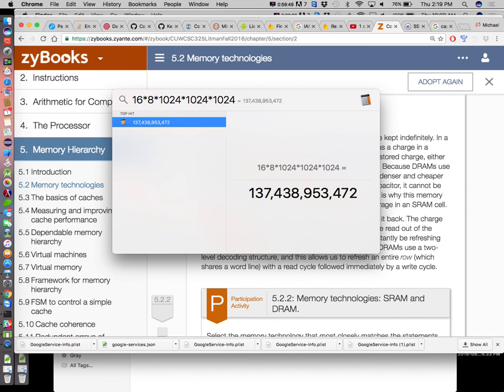So 16 gigs of RAM would take 137 billion 438 million 953,472 transistors and complementary capacitors. Okay, so we have to get 137 billion transistors into a stick that big. Actually, we need to get half of that because usually 16 gigs of RAM is stored as two 8 gig sticks. They do make 16 gigabyte sticks, but it's usually an 8 gigabyte stick.